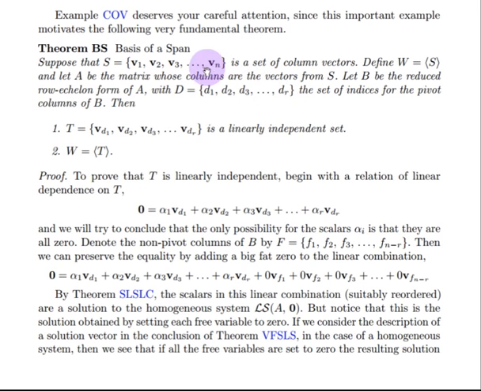So these identify the pivot columns of this matrix that has columns v1 through vn. Now take these vectors, which are the columns of the original matrix corresponding to the pivot positions. These turn out to be a linearly independent set, and the span of the original set of vectors is equal to the span of just these columns.